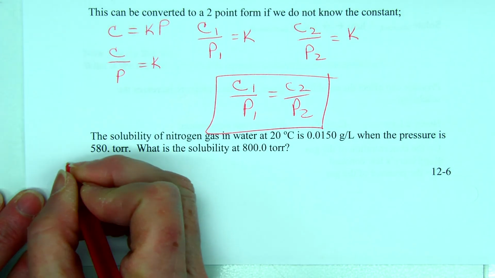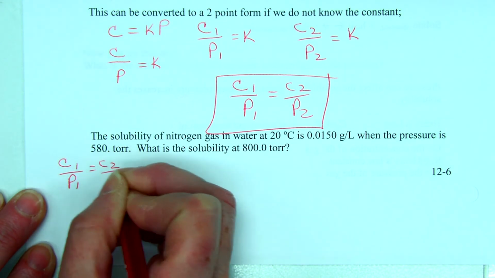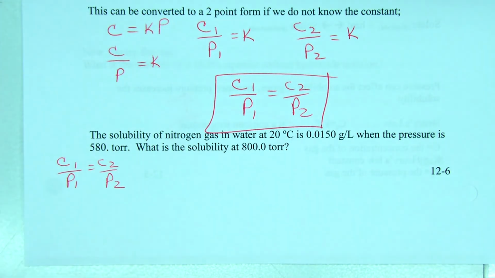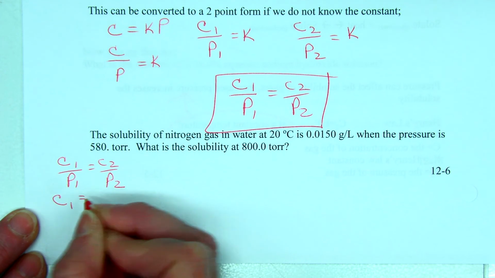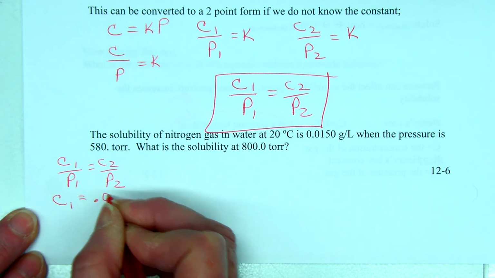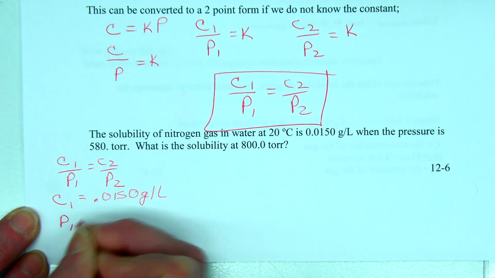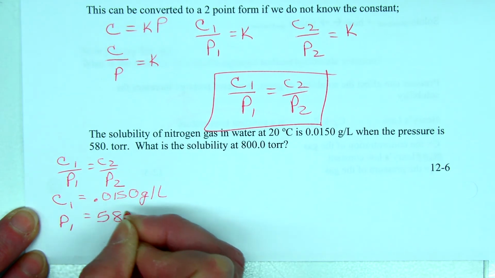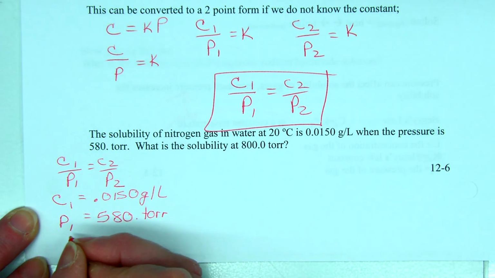So I know C1 over P1 equals C2 over P2. You can rearrange this. You can write down the variables. You can just put the numbers in. I always like to pull the numbers away from the words. So C1 is equal to 0.0150 grams per liter. P1 is 580 torr. Make sure you get the pairs together correctly.